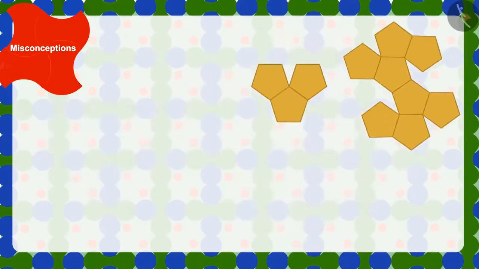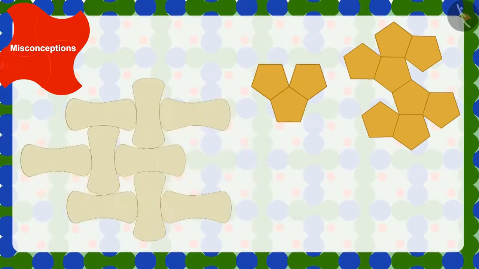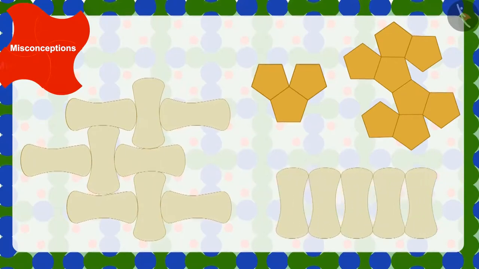Remember, children, there are many shapes like this one, which cannot be used to make designs, which have no space between them. Golu kept trying the whole night, but he could not make a pattern with those tiles.